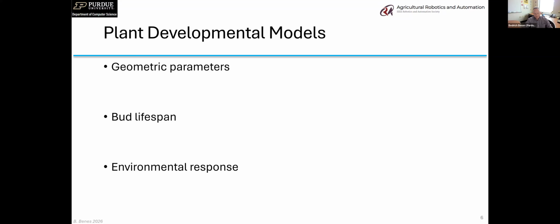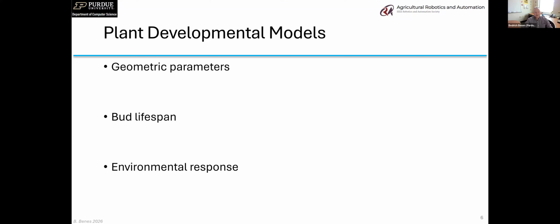So we need to have also parameters for bud lifespan, how bud reacts to internal sensing of hormones within the plant, and so on. And probably the most important third set of parameters are environmental responses: how it reacts to sun, to different temperature, to gravity, to proximity of other plants, what happens if you prune something, etc., etc.